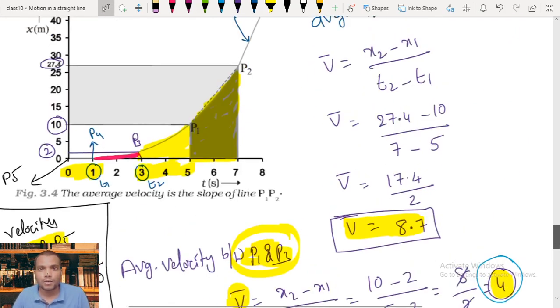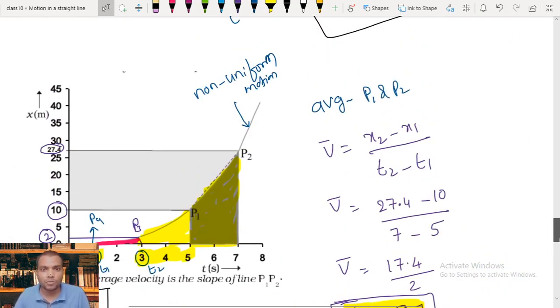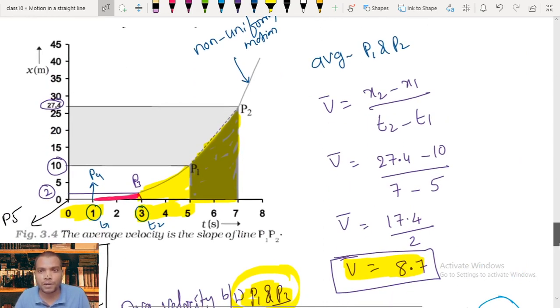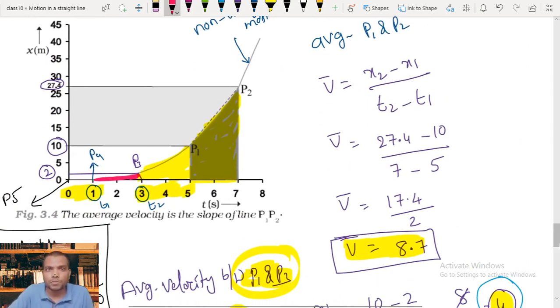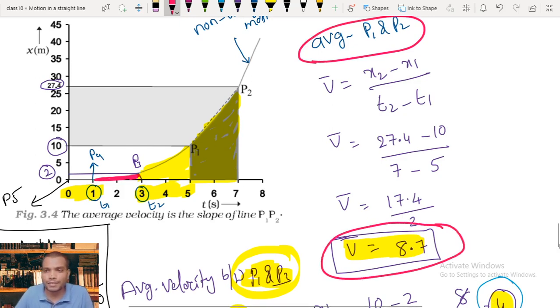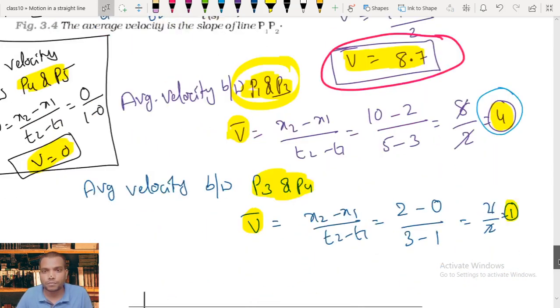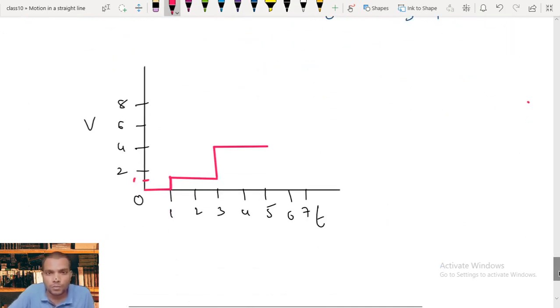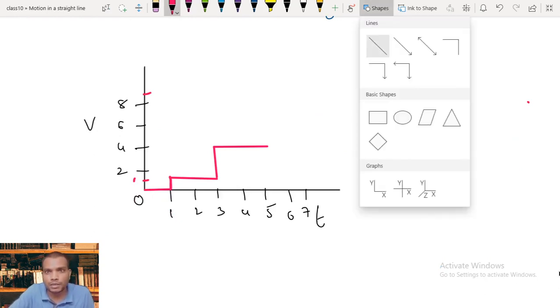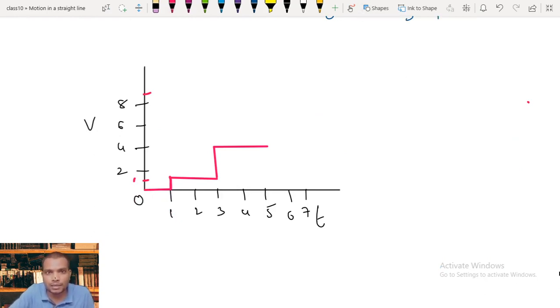Now finally between 5 to 7 means between P1 and P2, the value here is 8.7. Between 5 to 7, 8.7, if I take roughly here, 5 to 7.